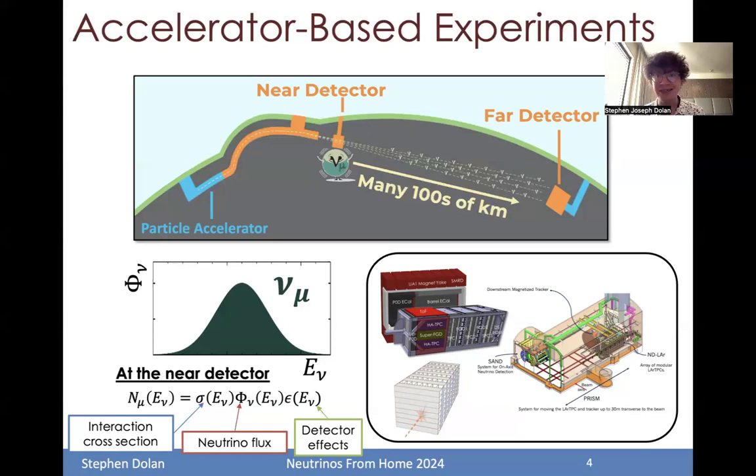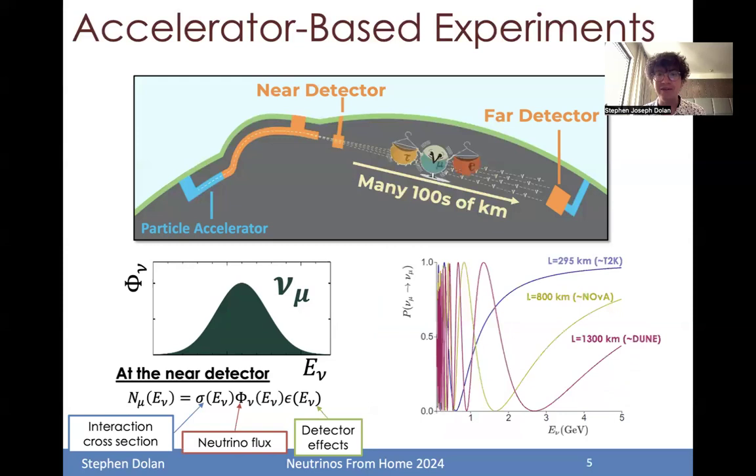Here we measure event rates that are a product of the flux, so we can verify that our flux is what we think it is, the neutrino interaction cross section, so how often the neutrinos interact with the nuclei inside our detectors, and any detector effects as well. The neutrinos then are left to travel many hundreds of kilometers.